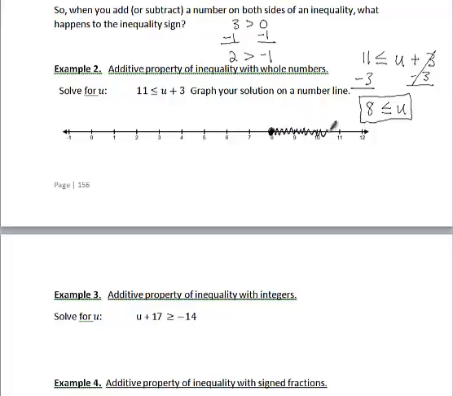And so we shade to the right. And we can sort of shade the arrow too. Anything to the right of 8 and including 8, so I put a solid dot at the location of 8, would represent a solution to the original inequality, and that would be this one. 11 is less than or equal to u plus 3.